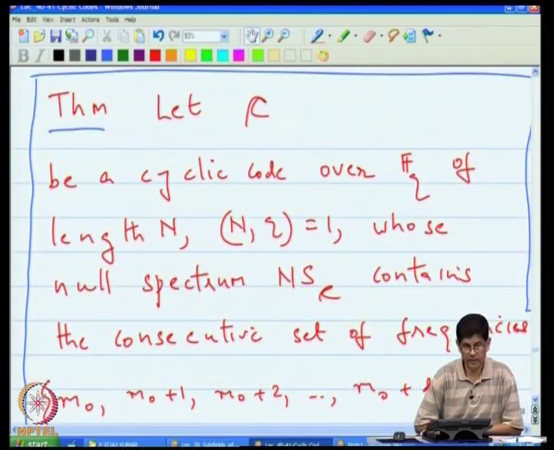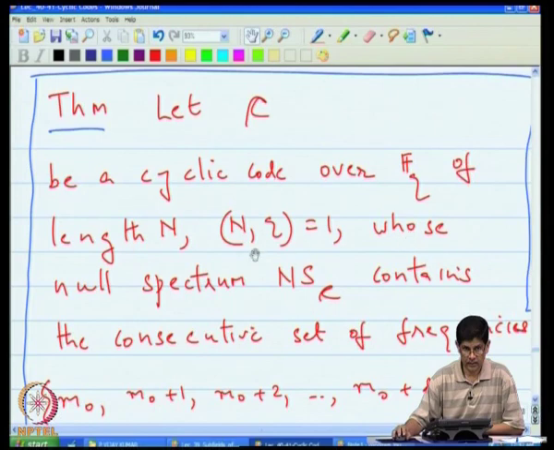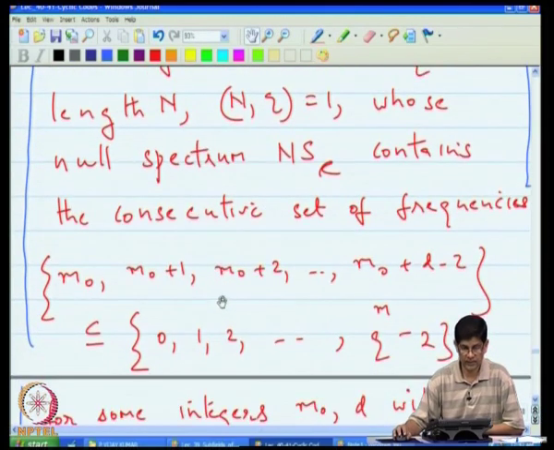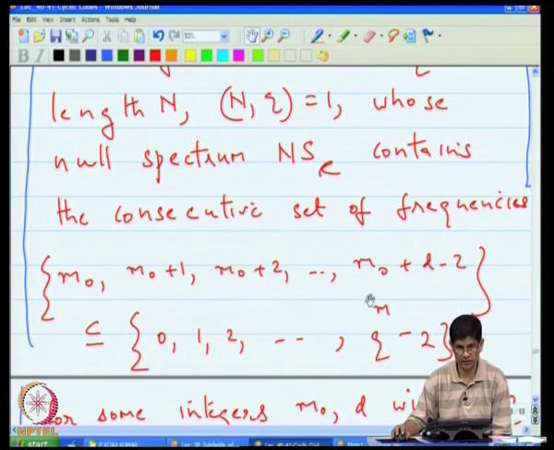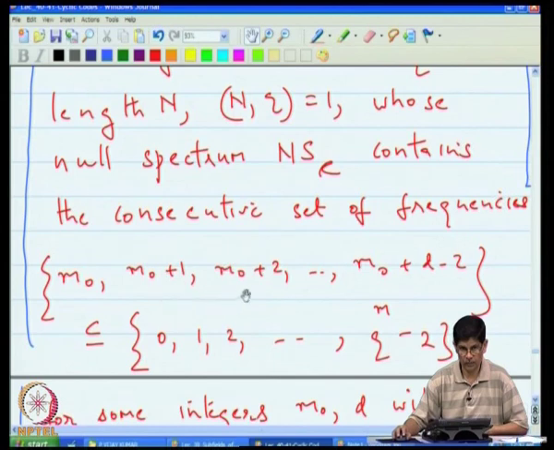So, this is a key theorem in cyclic codes, and it says that supposing C is a cyclic code over F q of length n, where n and q are relatively prime, and let us assume that the null spectrum contains a stretch of consecutive frequencies, that is, you have a starting point m0 plus 1 up to m0 plus d minus 2.